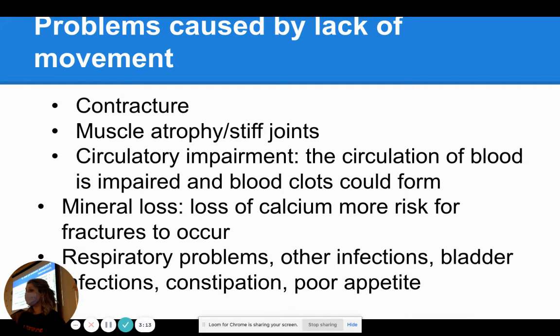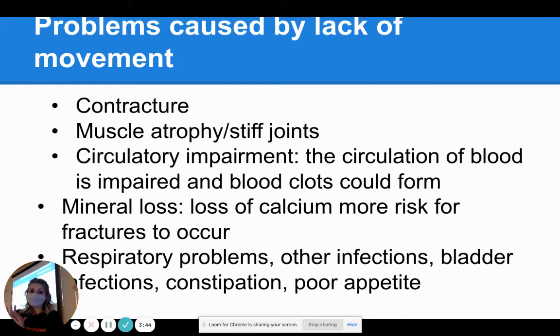Right, it dies. That clot could also fly off and go to the brain or the heart, causing a stroke or heart attack. So as people lay in the bed and they're not moving those extremities, that blood just kind of sits there. It doesn't move as fast. And if something like blood just sits and isn't moving, it coagulates, it clots. So there is a very high risk for people after surgery to develop a blood clot.